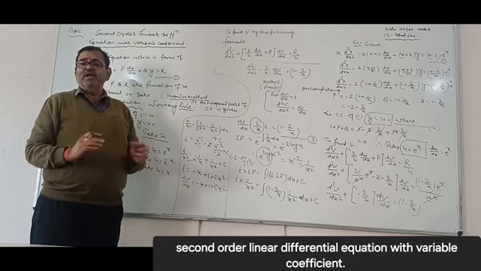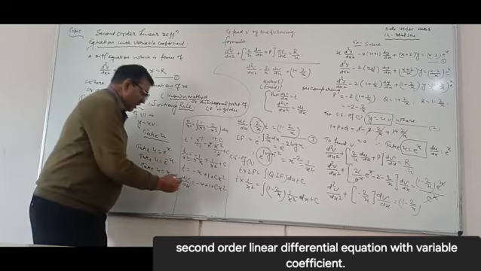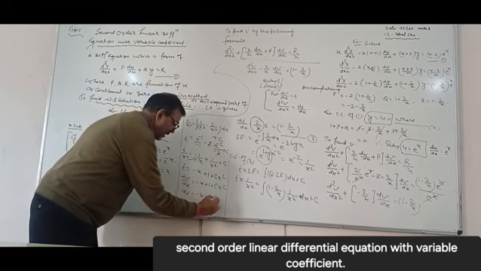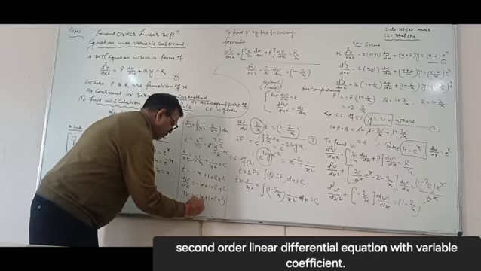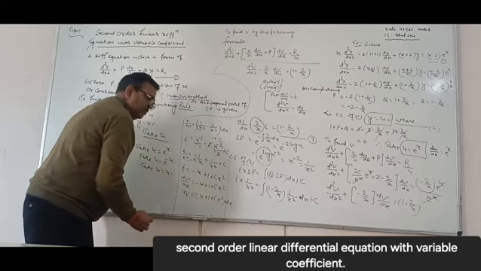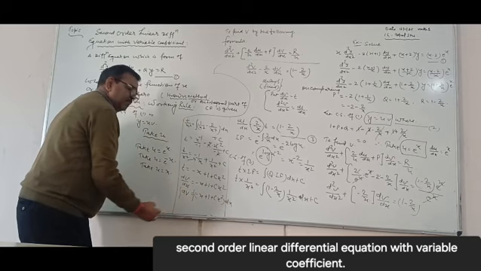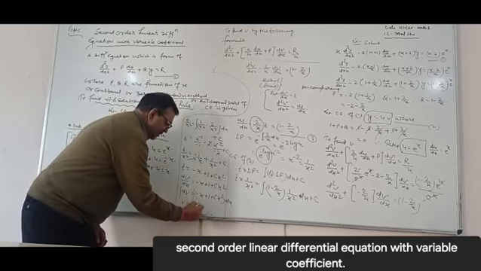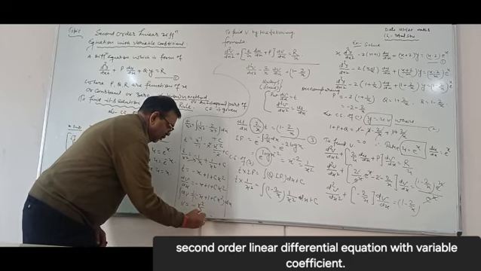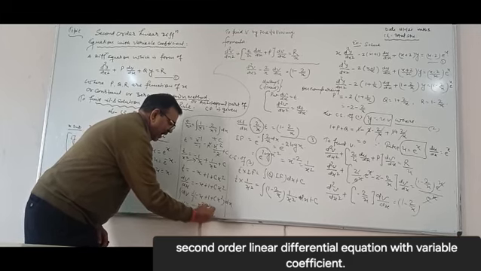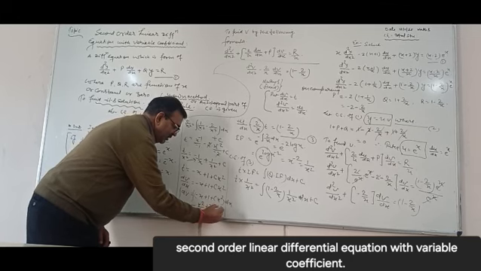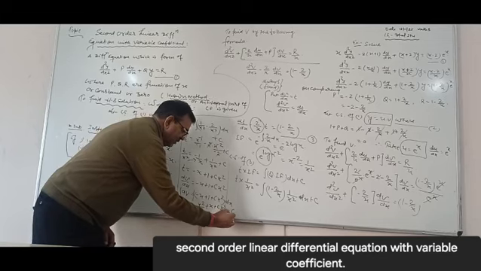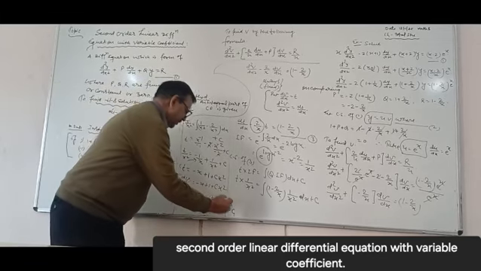Separate the variables: dv = (−x + 1 + cx²) dx. On integrating, v = −x²/2 + x + cx³/3 + c₁, where c₁ is the constant of integration.